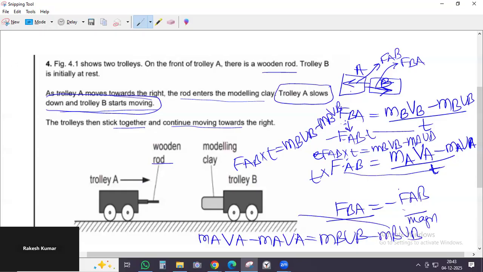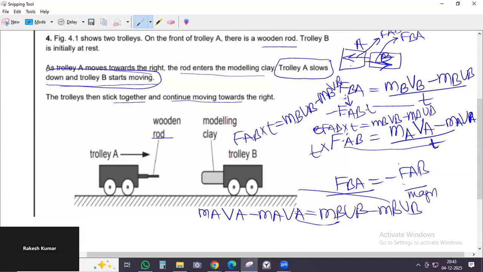If I take this to the other side and that to the other side, sorry, this was UA and this was UB, this will become MA VA plus MB VB is equal to MB UB plus MA UA.